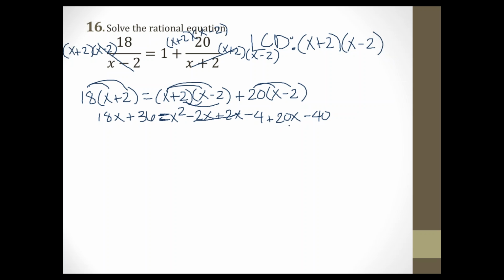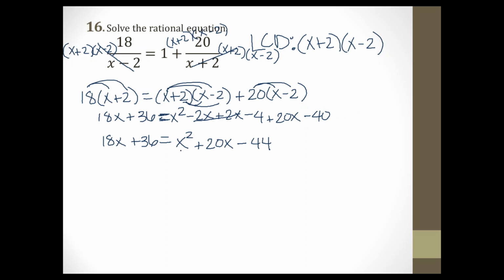So I just have my 20x. And then negative 4 minus 40 is negative 44. So on the right-hand side of the equal sign, I have x squared plus 20x minus 44. And then I'm going to bring down the left-hand side, 18x plus 36.